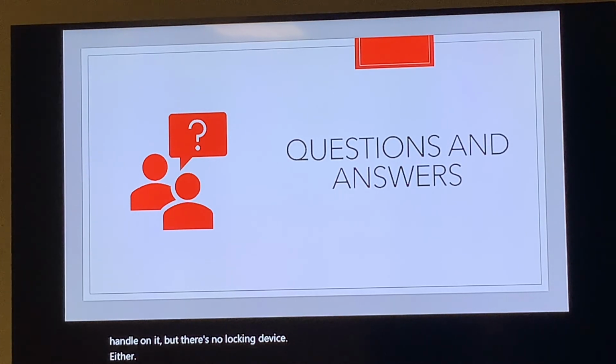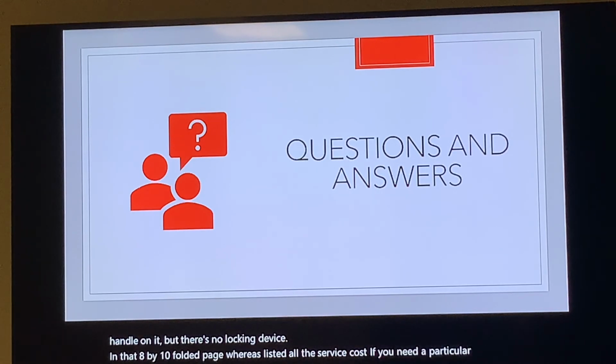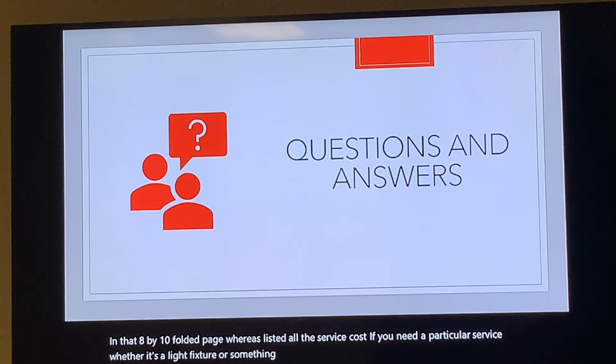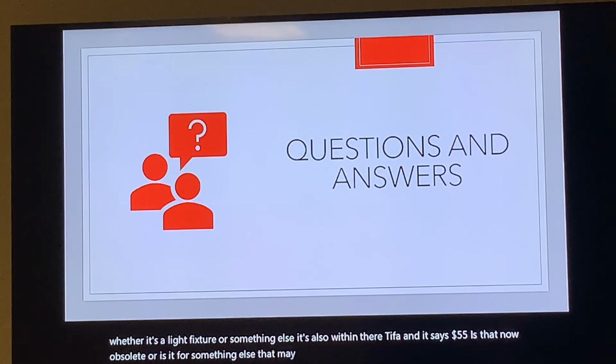In that 8x10 folded page, where it's listed all the service costs, if you need a particular service, whether it's a light fixture or something else, it's also listed in there a key fob, and it says $55. Is that now obsolete, or is it for something else that may happen? He's referring to the ancillary service charge.